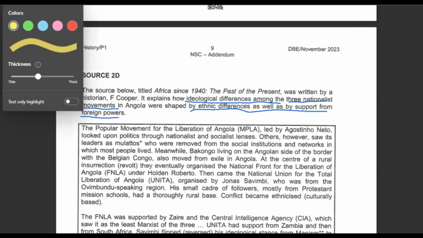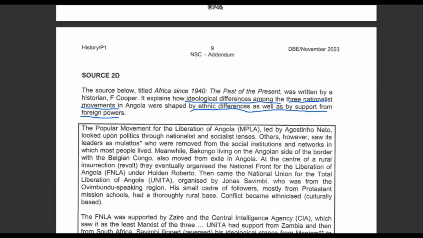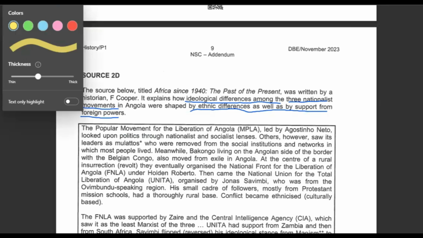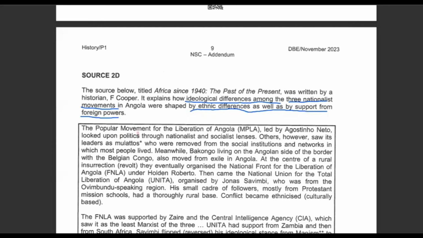The words are, they looked upon politics from nationalistic and socialist lenses. So that is where we get our answer, nationalistic and socialistic lenses.